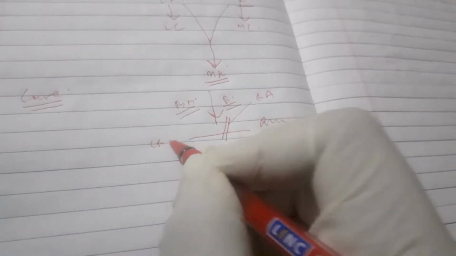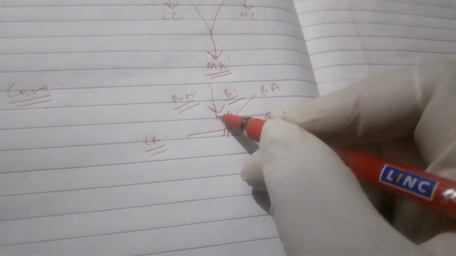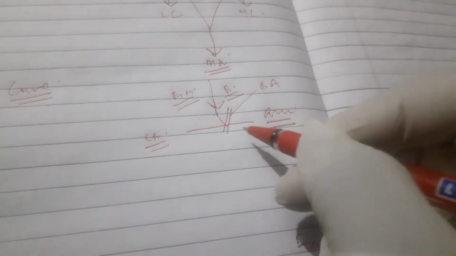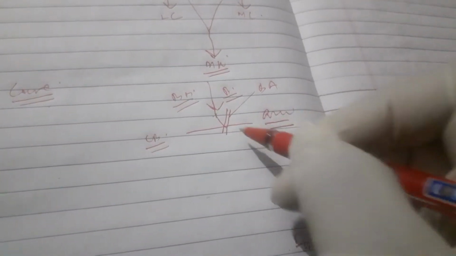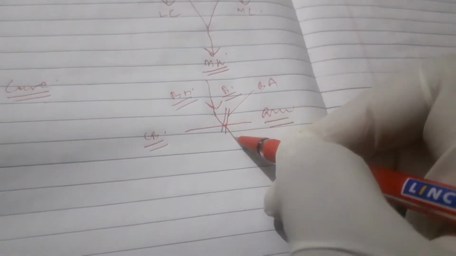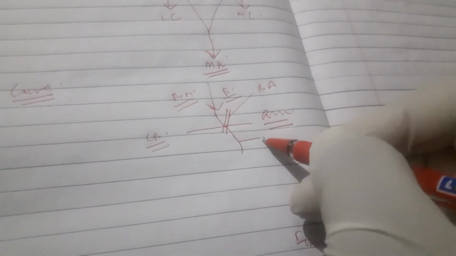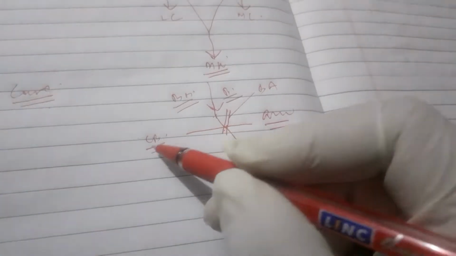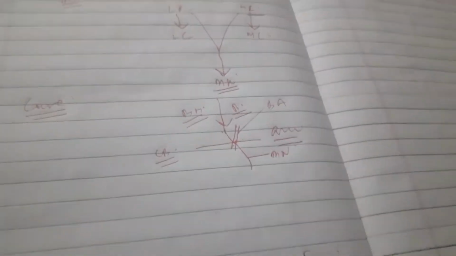Then at the level of insertion of the coracobrachialis muscle, it comes anterior to the brachial artery and below it becomes medial. This is our median nerve. Above the insertion of coracobrachialis, it is lateral.